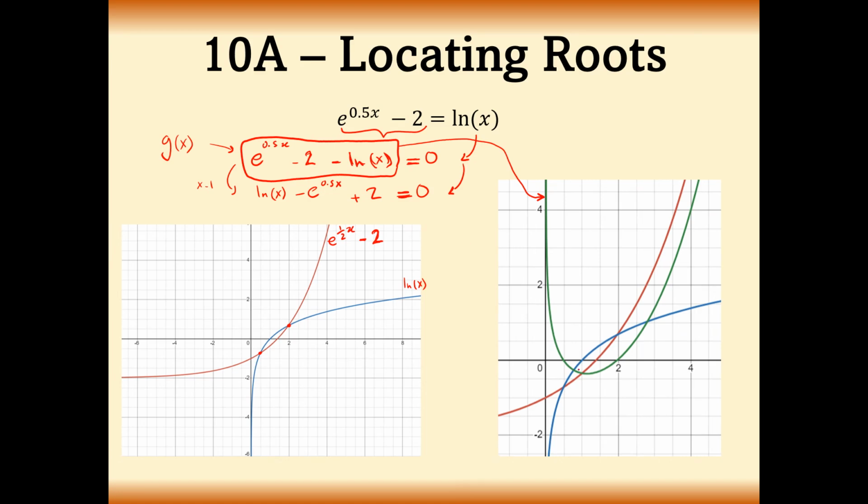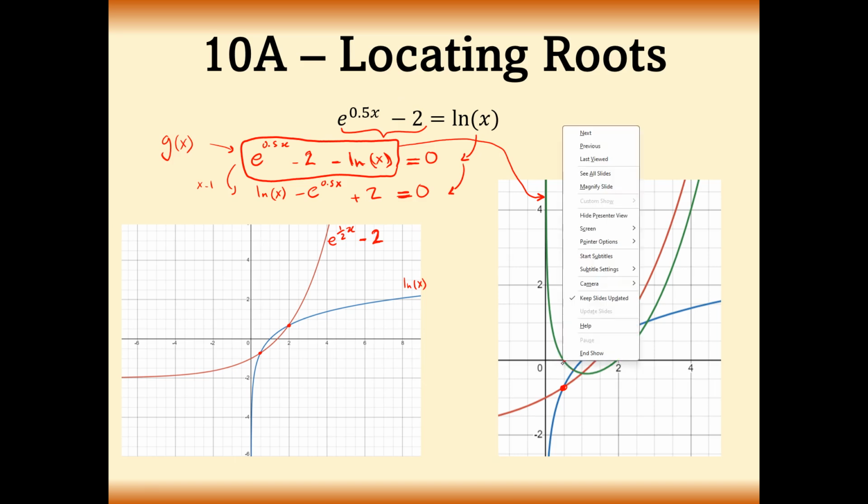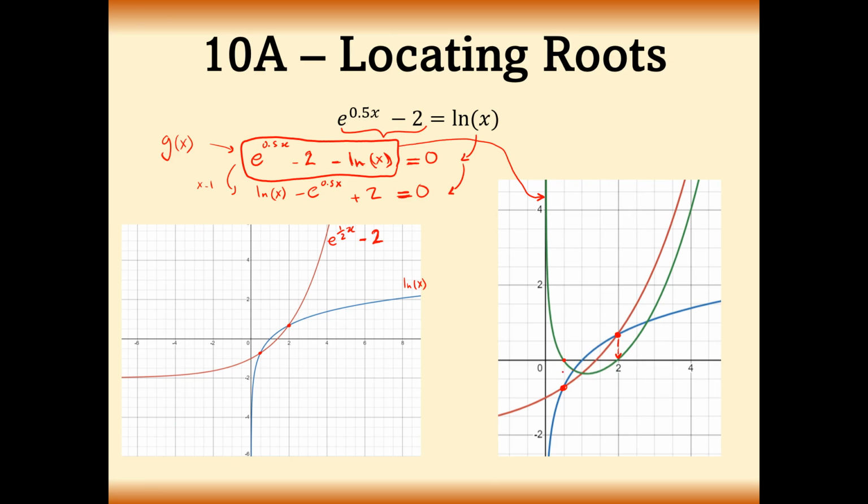What you notice is that where the original two curves intersected coincides exactly with where this green curve has a root. Root means that it's crossing the x-axis. And this intersection point is exactly where the root of the green line lies.